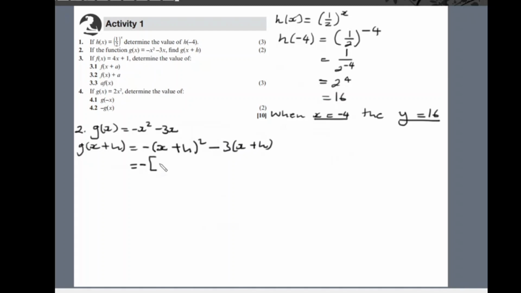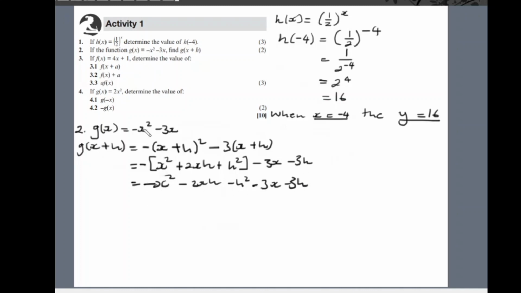So here I will have x squared plus 2xh plus h squared, and then here I will have minus 3x minus 3h, right? And then the final answer will be minus x squared minus 2xh minus h squared minus 3x minus 3h. Therefore, the way to interpret this is to say when x is equal to x plus h, then y is equal to this expression.